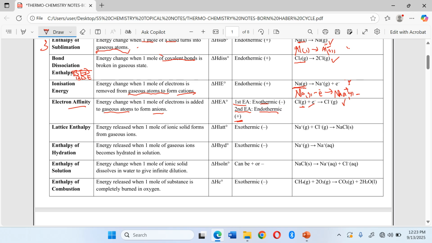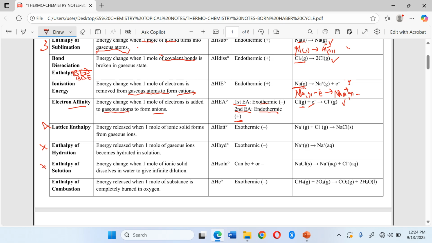Because when you're drawing your potential energy diagrams, you need to know the direction. Because if it is positive and you want it to go into negative, there is something that you need to do. So you need to know whether it is an exothermic reaction or an endothermic reaction. Let's look also at the lattice enthalpy, which is what we are looking at today specifically, and also the enthalpy of hydration, and lastly enthalpy of solution.